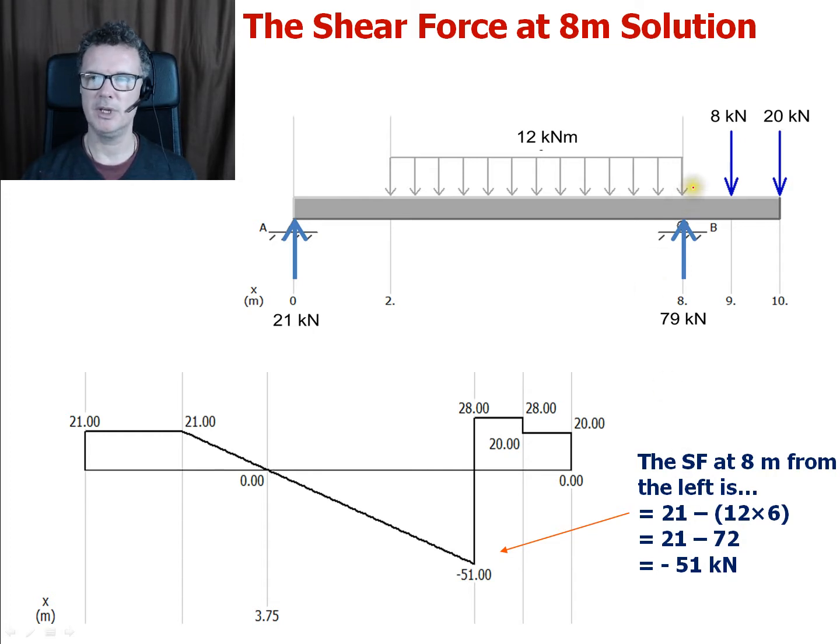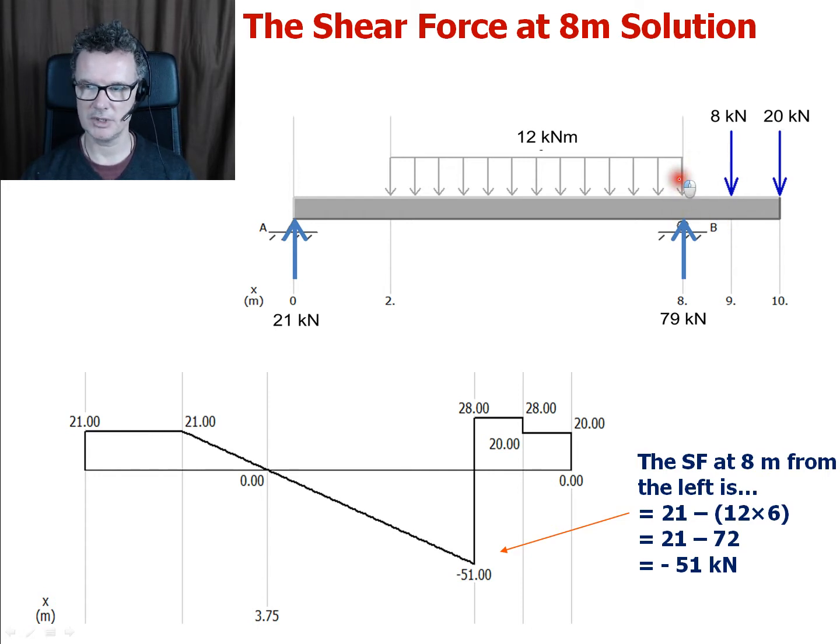A way to do it would be to switch your convention, if you're used to this now, and say to yourself, well, I've now got two forces here that I can see. So the 20 is coming down, so I will treat that as a positive. 8 coming down, so I'll treat that as a positive because it's right of me.